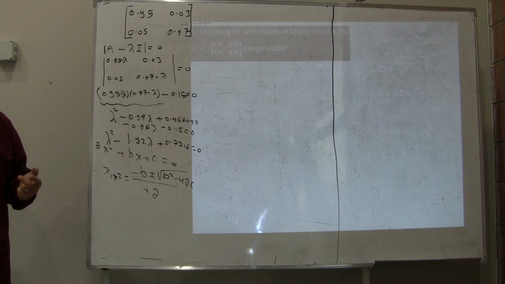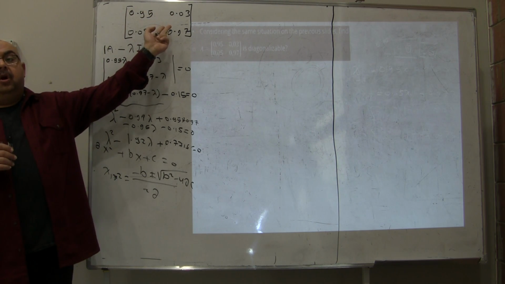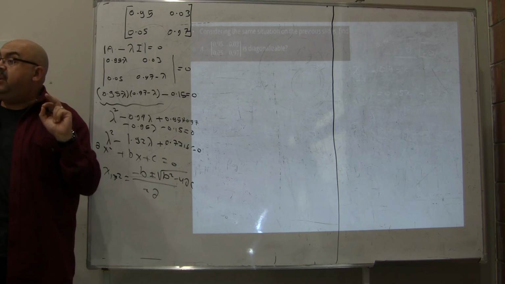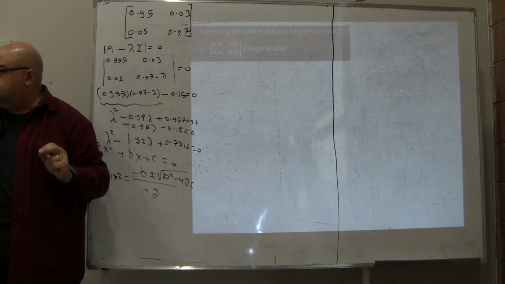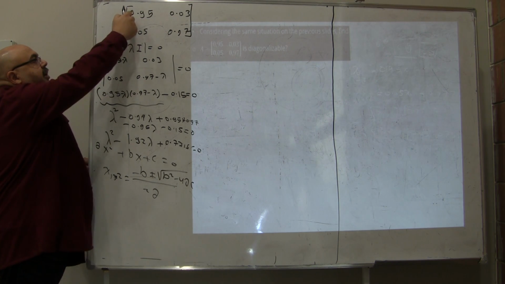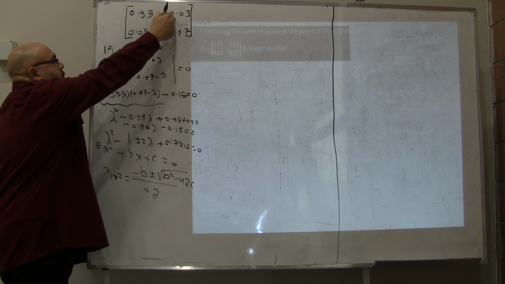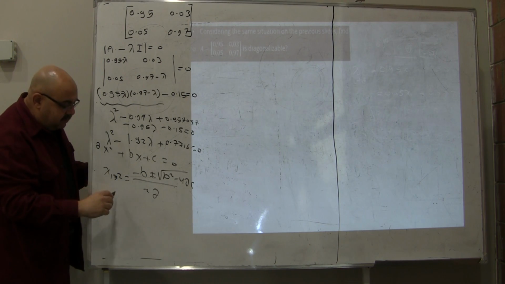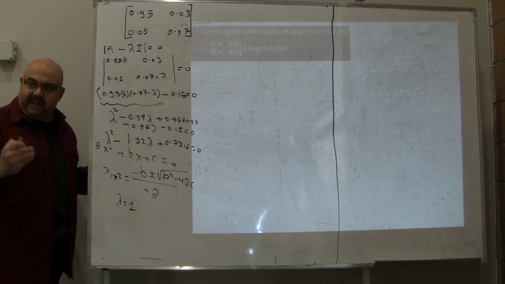If you remember the propositions, if you sum the numbers of the matrix by columns and they have the same value, then this value will be one of the eigenvalues of this matrix. So simply, if you get the sum 0.95 plus 0.05, the result will be 1. And if you add 0.03 plus 0.97, the result will be 1. So simply, lambda equal to 1 is one of the eigenvalues.